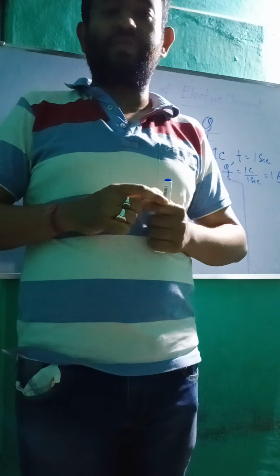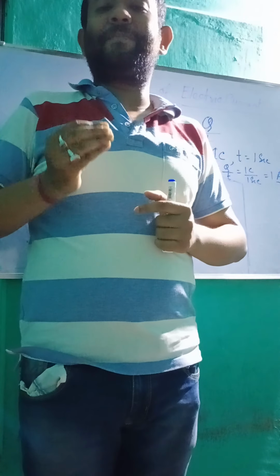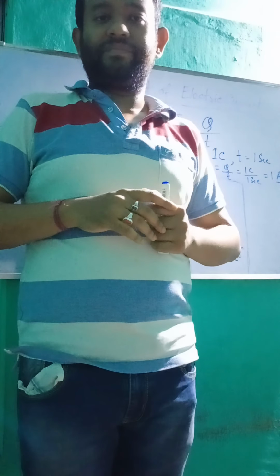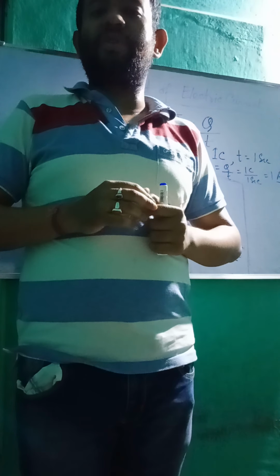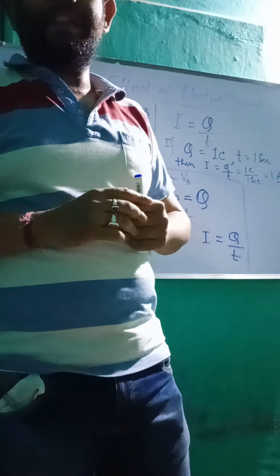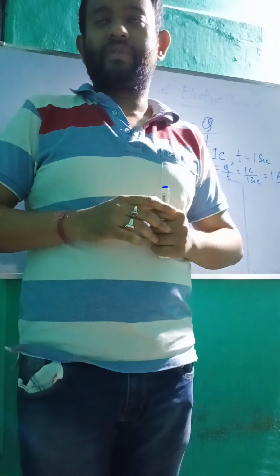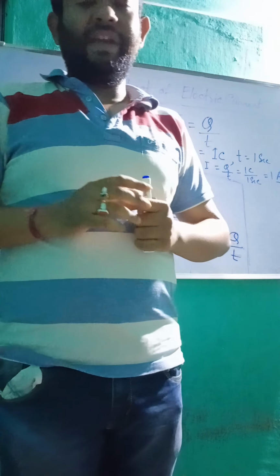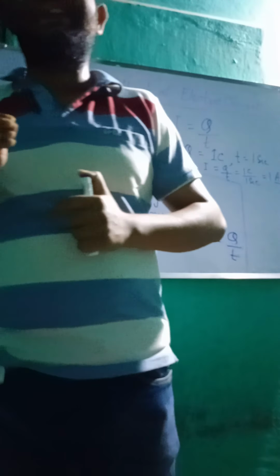Due to this flow of free electrons, the current passes through the metal. But for an insulator, there are no free electrons, so nothing can flow and there is no current. That means the current flow through a metal is due to the flow of free electrons present in the metal.